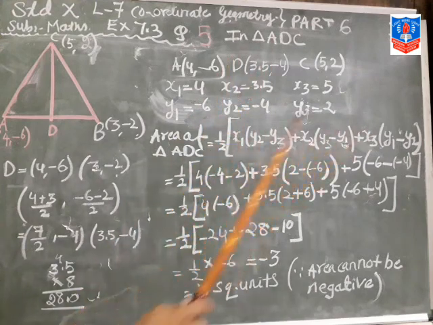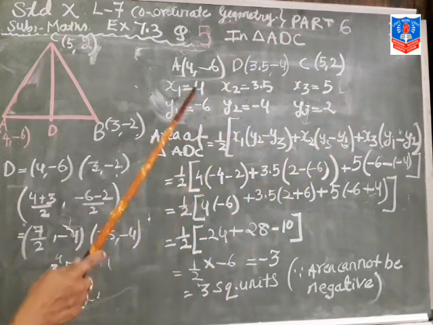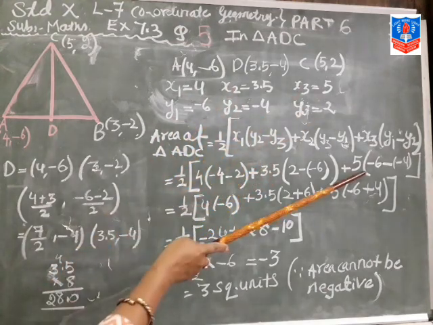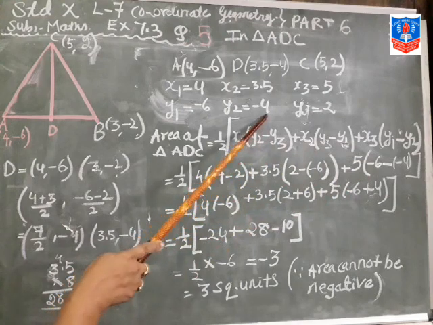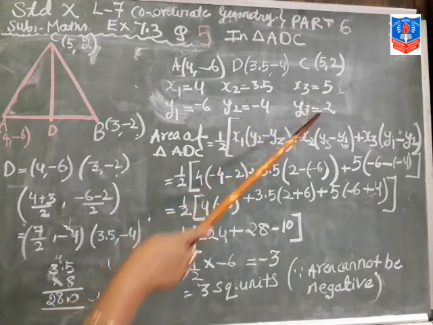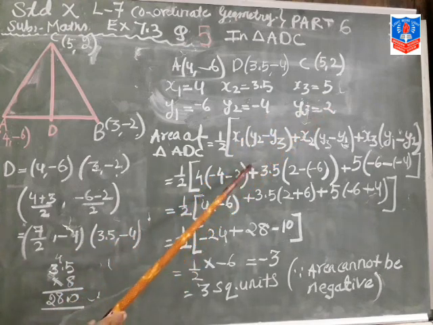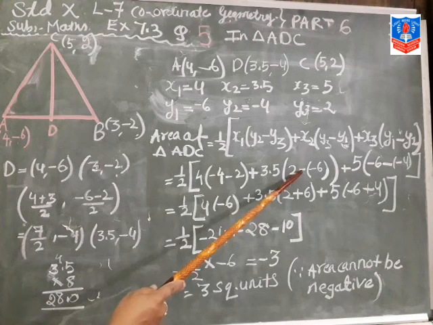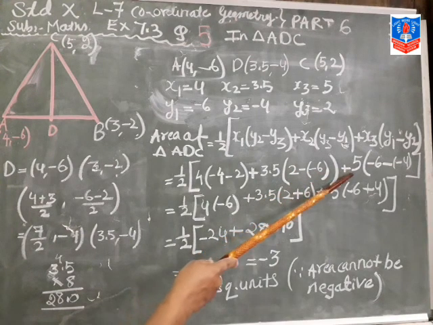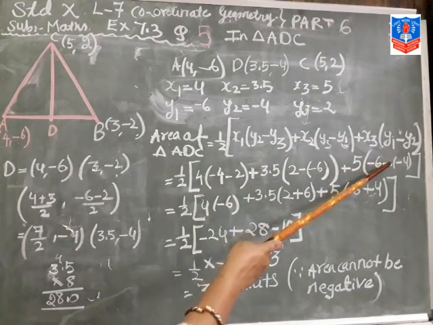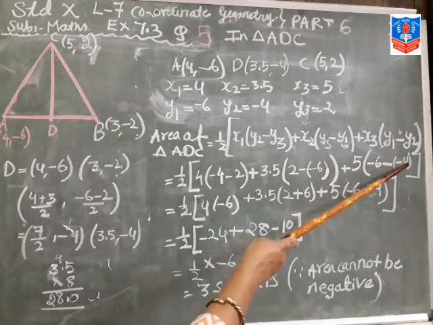The formula of this triangle: x1 is 4, x2 is 3.5, x3 is 5, y2 minus 4 and y3 is 2. Then y3, that is 2, minus y1, minus 6, plus x3, 5, y1 minus 6 and y2 minus 4.